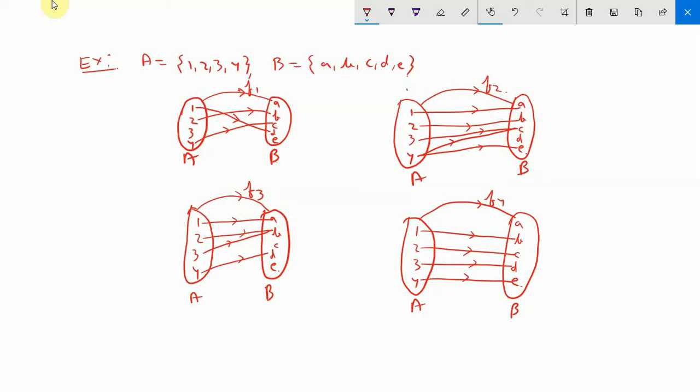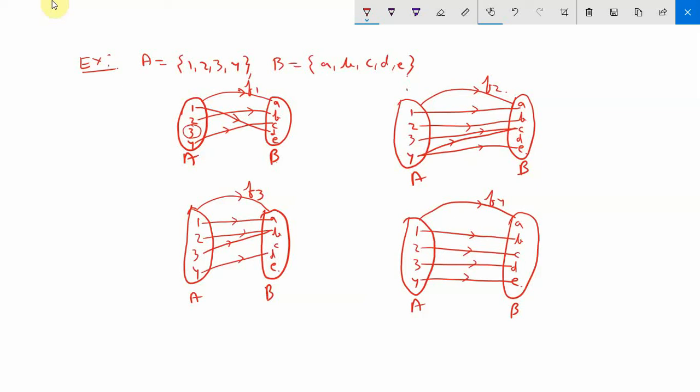So if we see f1, f1 is not a function, as we can see 3 does not have any image in set B. If we see f2, 1, 2, 3, 4 all have images in set B, but 4 does not have a unique image.